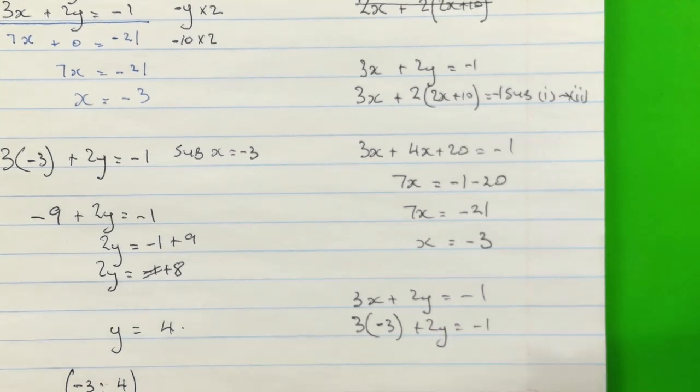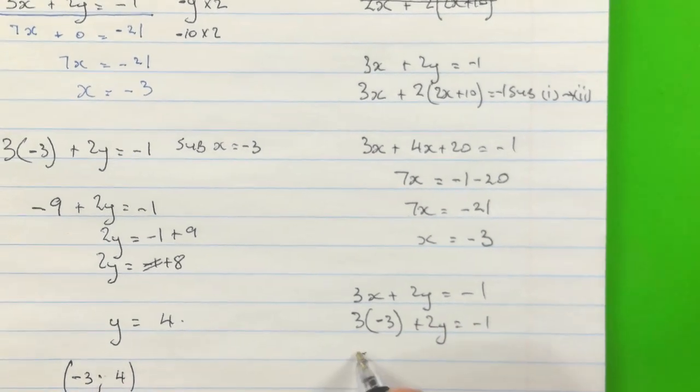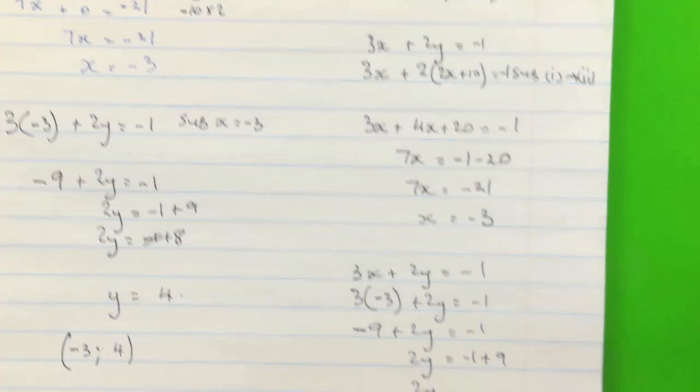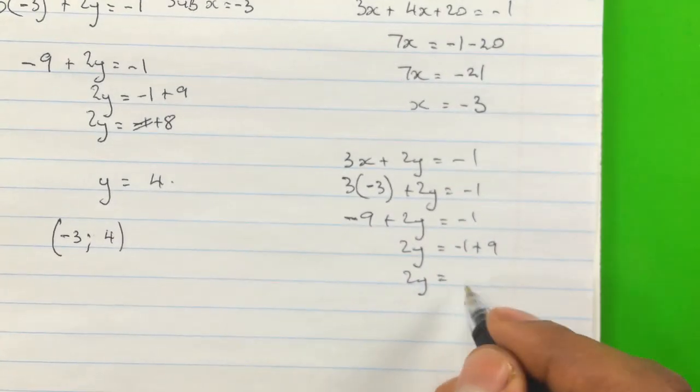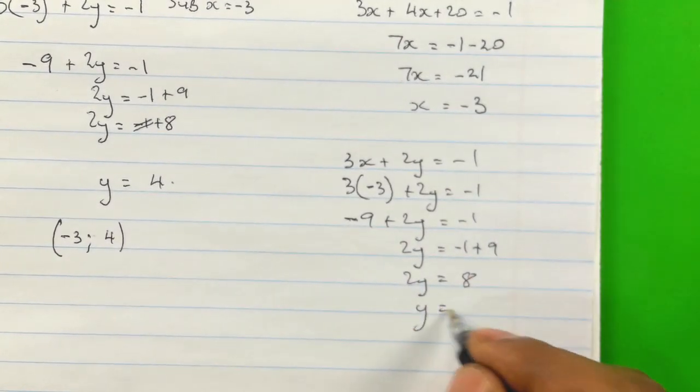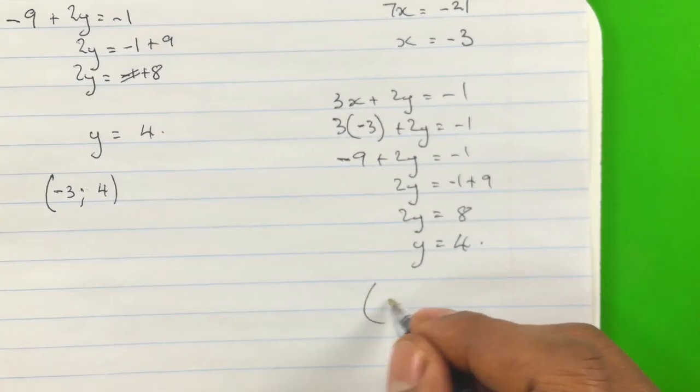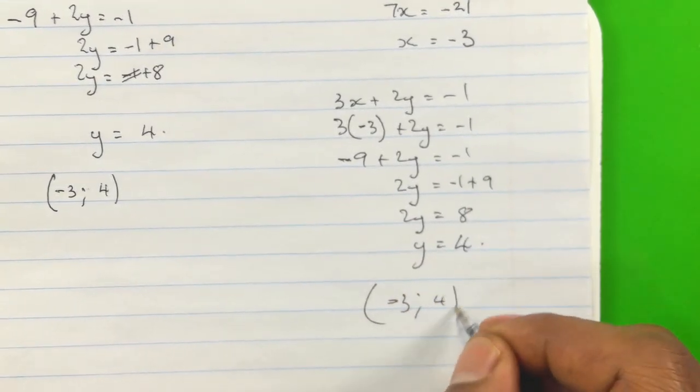Then I solve. So what will I have now? I'll have -9 plus 2y equals -1. 2y is equal to -1 plus 9. 2y is equal to 8. Then y is equal to 4. Okay. Then you can say again -3 and 4.